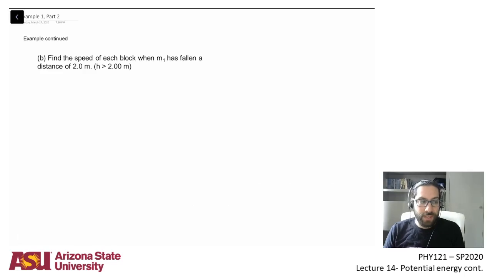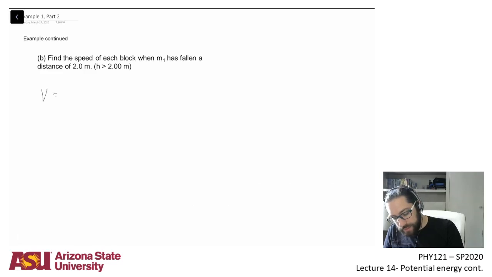I want to move on to the next part of the problem, which is to find the speed of each block when m1 has fallen a distance of 2 meters. Okay? So all I have to do now is go back to my previous equation and plug in 2 meters, right?